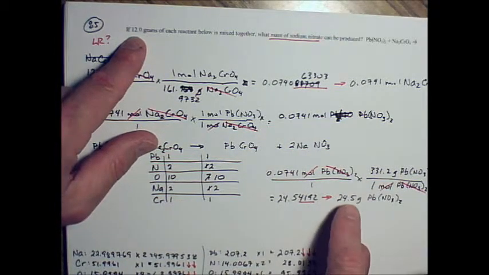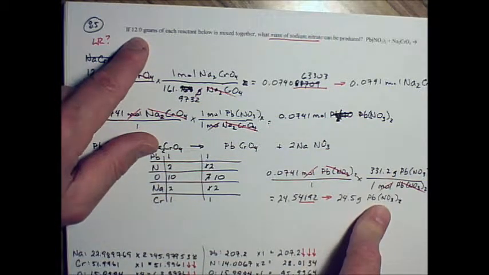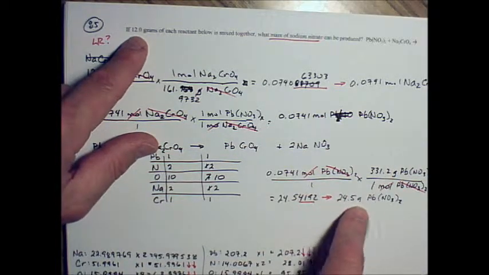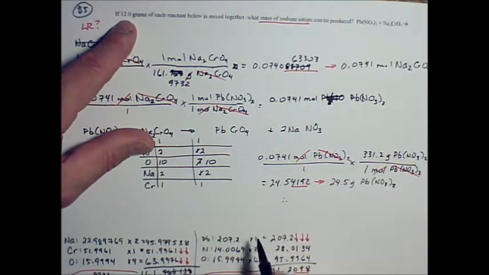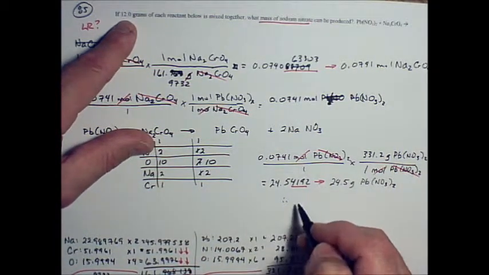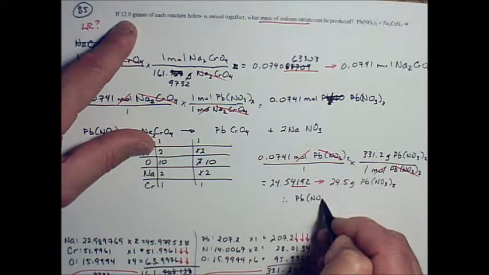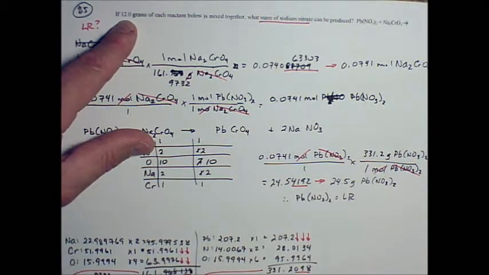So the rule I've given you is, if the amount you calculate is greater than the amount you're given, that species is the limiting reactant. Therefore, lead(II) nitrate is the limiting reactant in this problem.